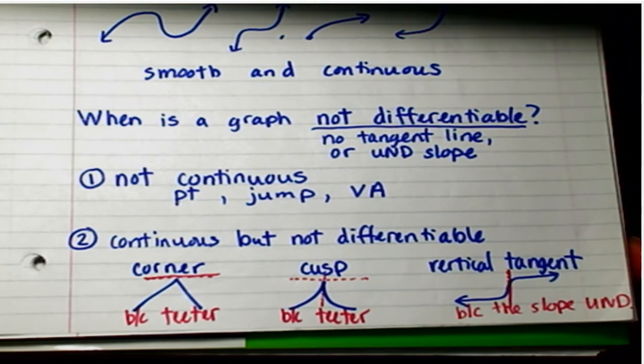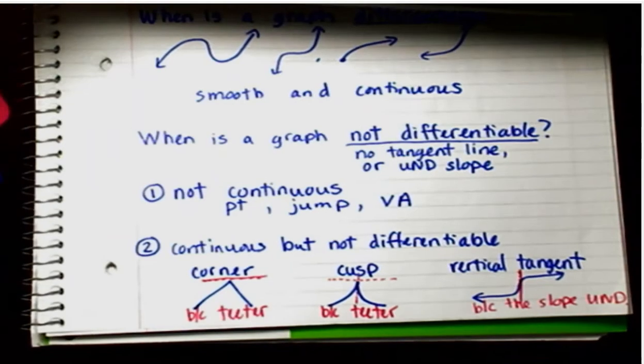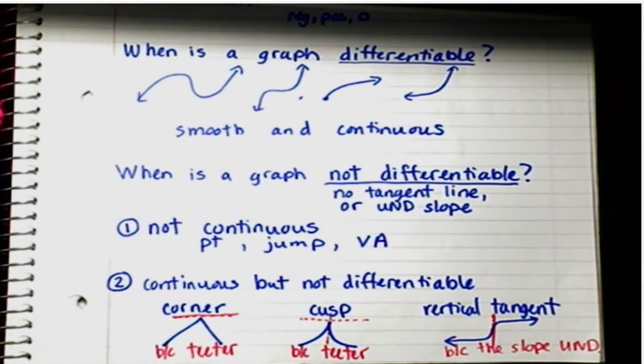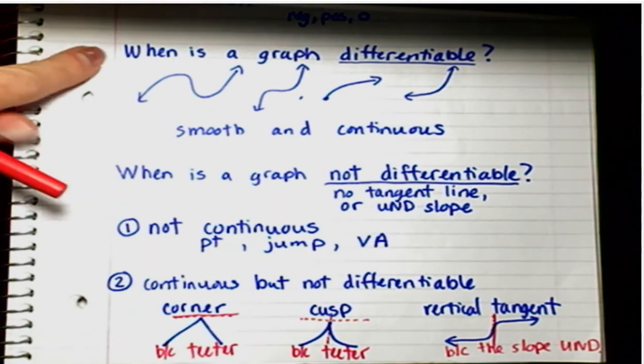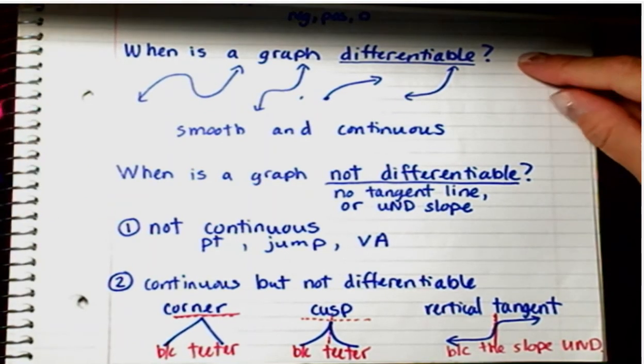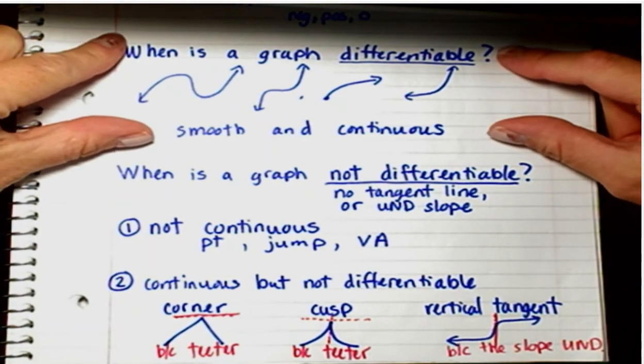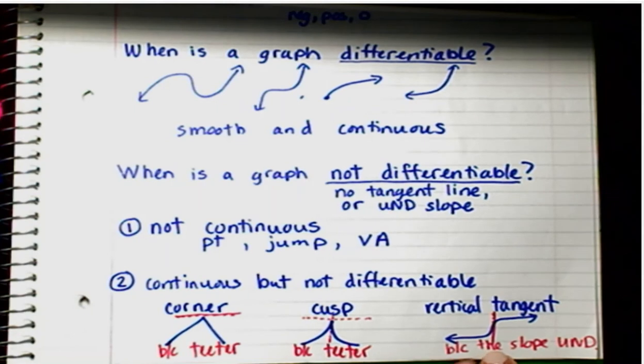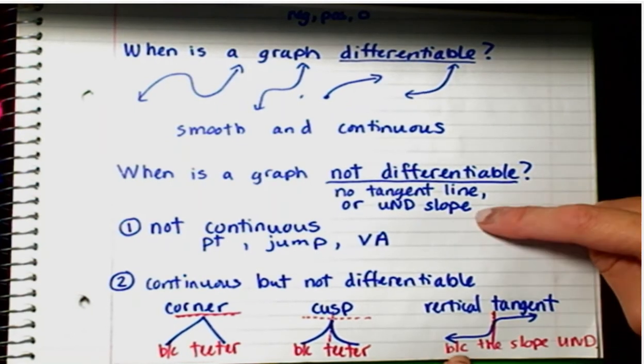Okay, so I'm going to zoom out a little bit. We'll just look at everything we did. Here are your two questions. When is a graph differentiable? Smooth and continuous. Notice how this picture is smooth and continuous, but the slope is undefined.